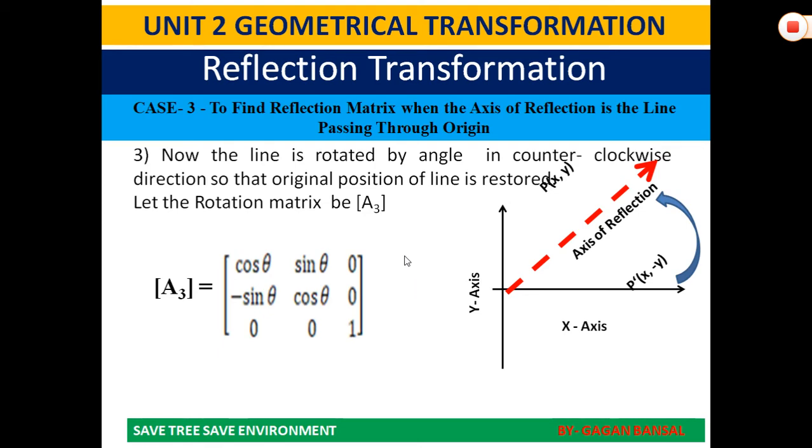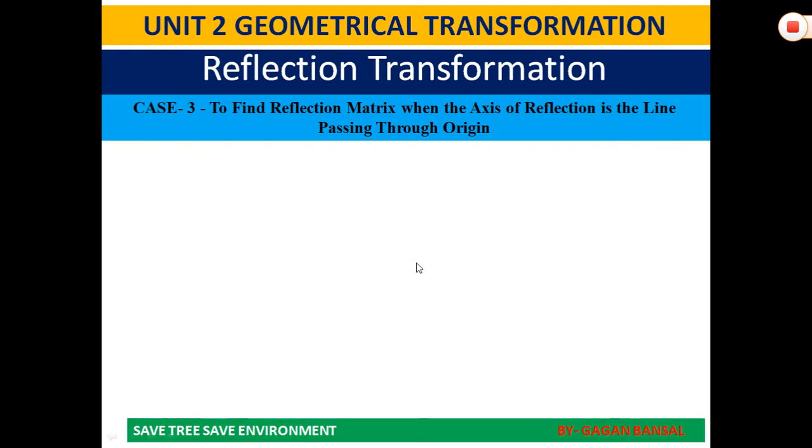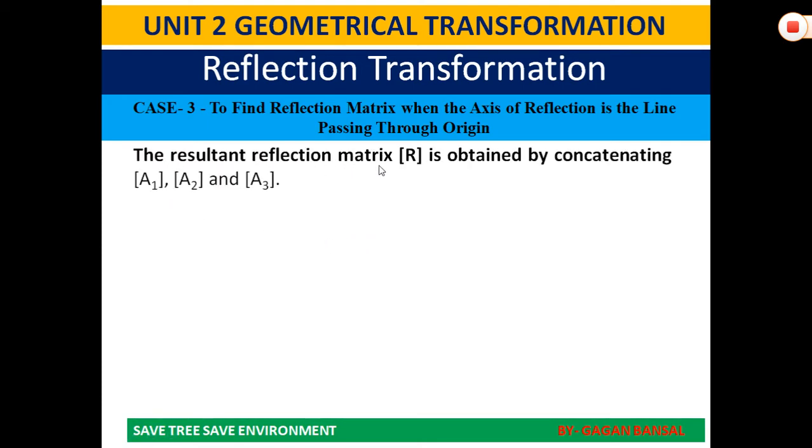After getting all these 3 matrices, the resultant matrix R is obtained by concatenating A1, A2 and A3. Concatenating means multiplying all these 3. So R equals A1, A2 and A3.